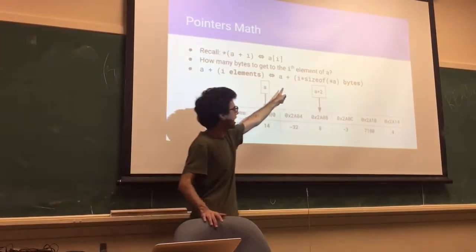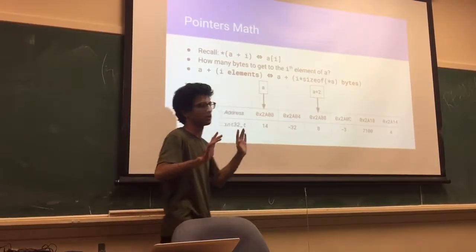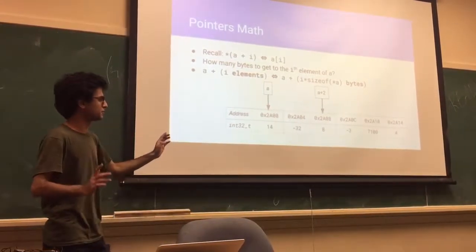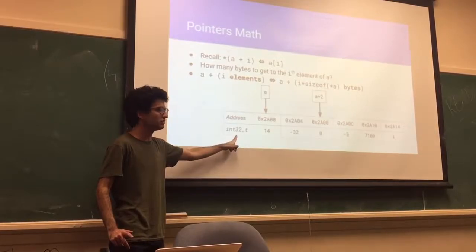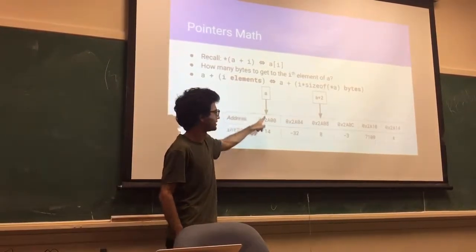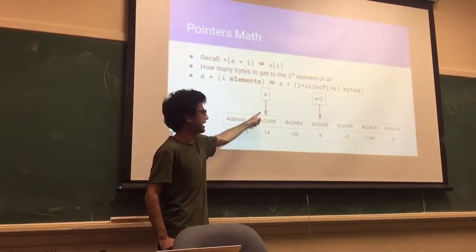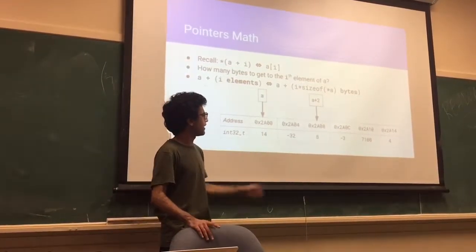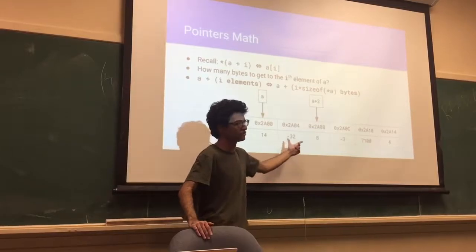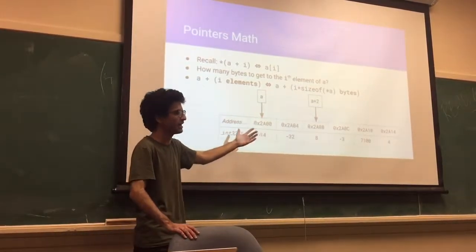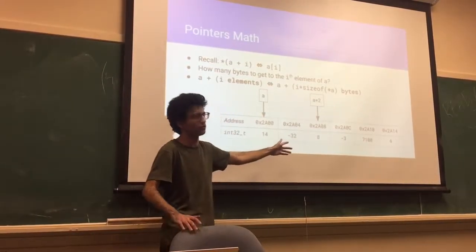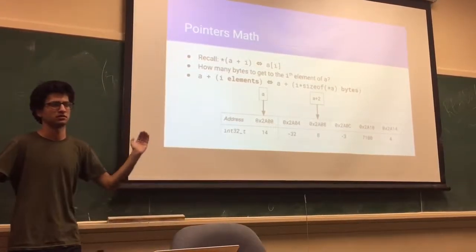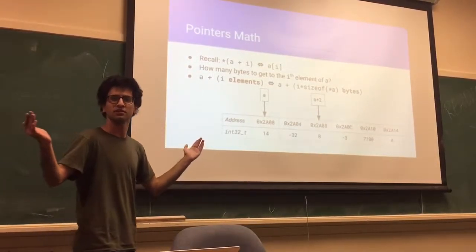So that's a plus i times the size of *a bytes. For example, here you have an integer pointer a pointing to this address, and a points to 14. Then you have a + 2, which is 2 integers over. Even though it's 2 integers over, the difference is 8 bytes. Does that make sense to anyone?